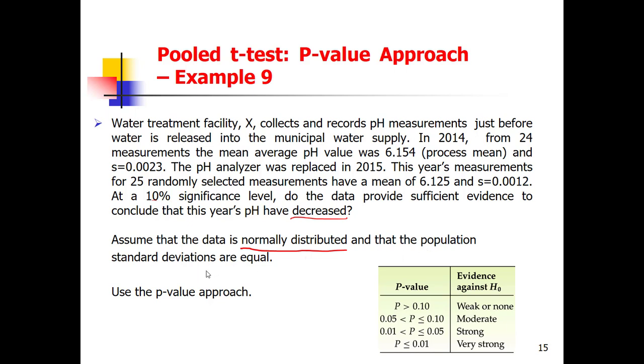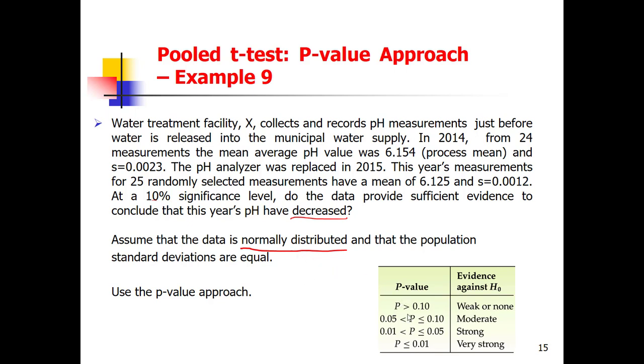And the population standard deviation is equal. The two standard deviations we have are for our samples, 24 and 25 samples. The population is a much bigger set of measurements, let's say 1,000 measurements. The standard deviations of the two populations in 2014 and 2015 are the same. This is not very important. The most important assumption is that the data are normally distributed.